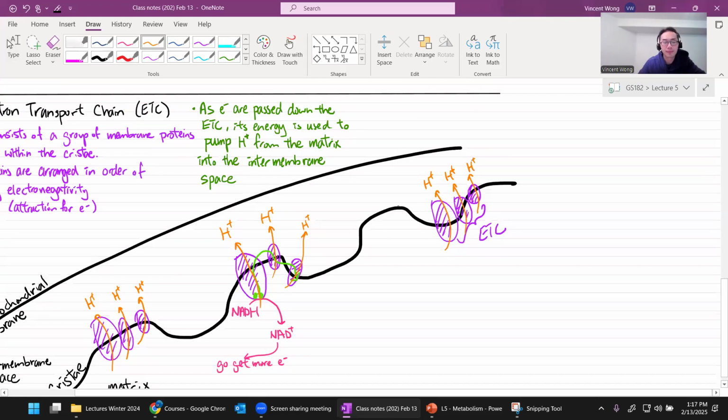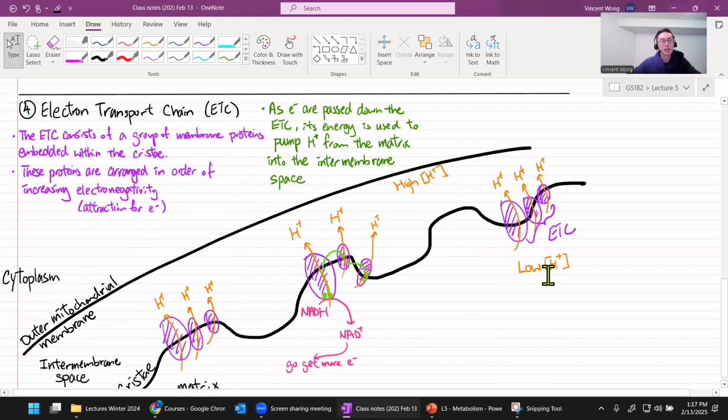Okay. Over time, what's going to happen is you will have a high concentration of H+ in the intermembrane space and a low concentration of H+ in the matrix. So think about this. Think about it in your mind.